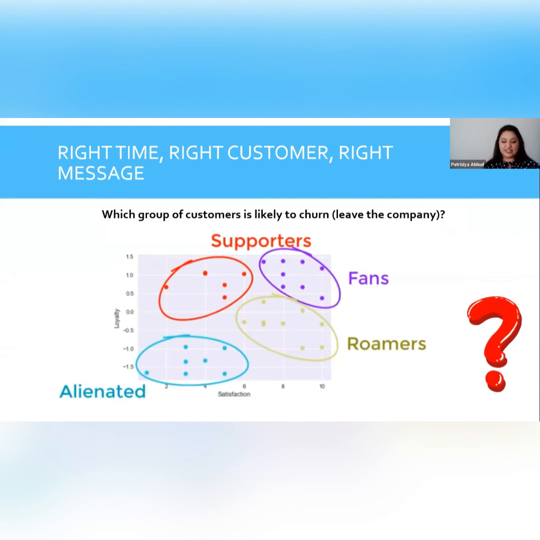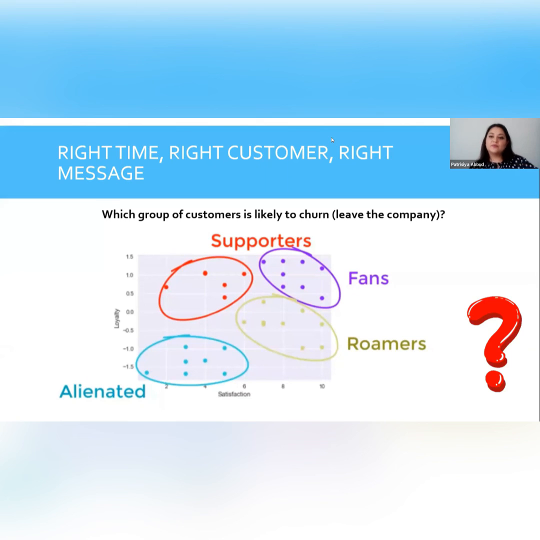So, to which group are we sending the message offering a great discount? If you have any ideas, you can write them in the chat. I see an answer of supporters. Does anyone have any other ideas?